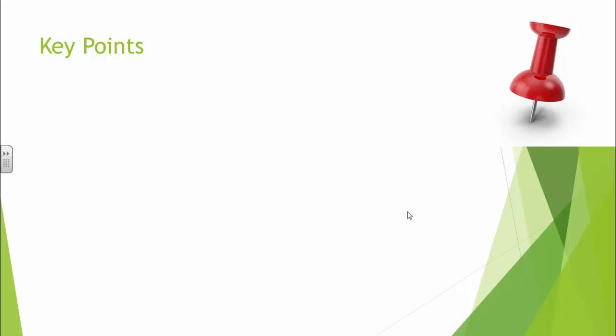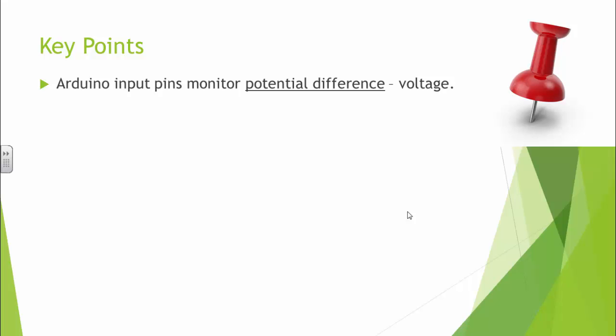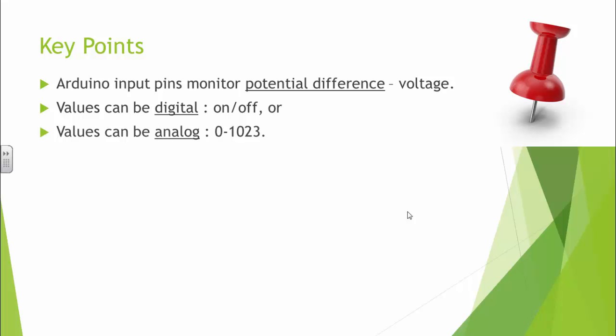All right, so lots of fun things to unpack today. Our Arduino input pins monitor potential difference. They monitor voltage. The values we get out of them can be digital and on-off, or they can be analog, a range from 0 to 1023.